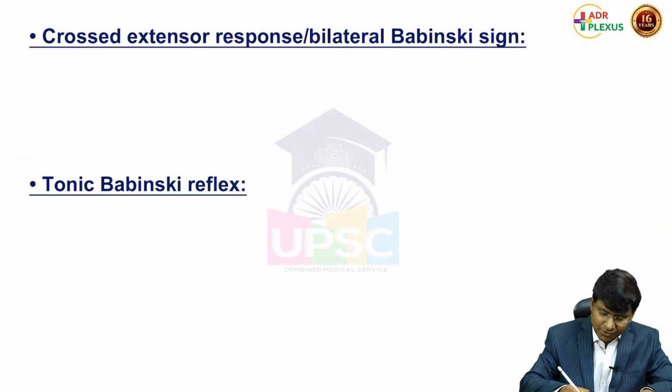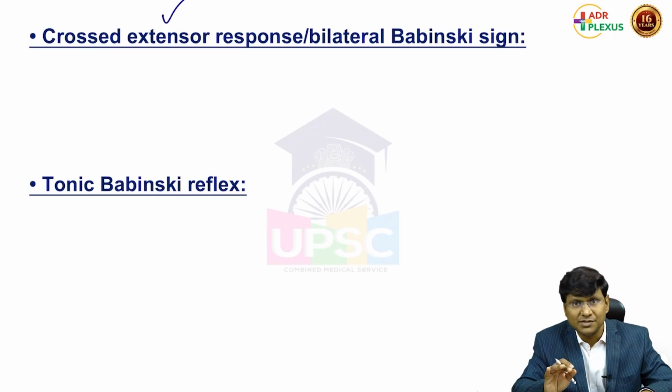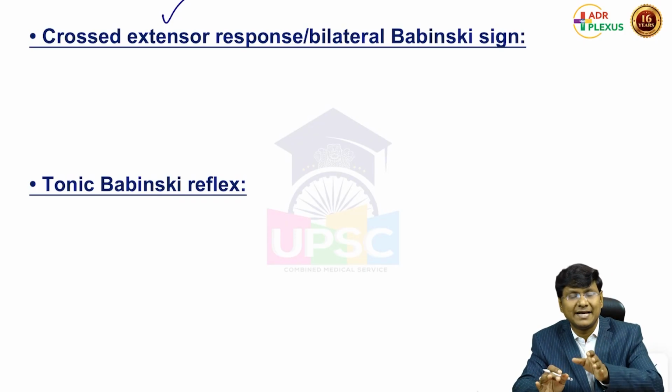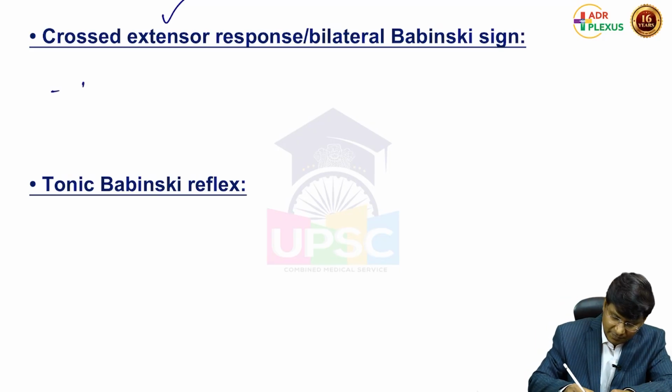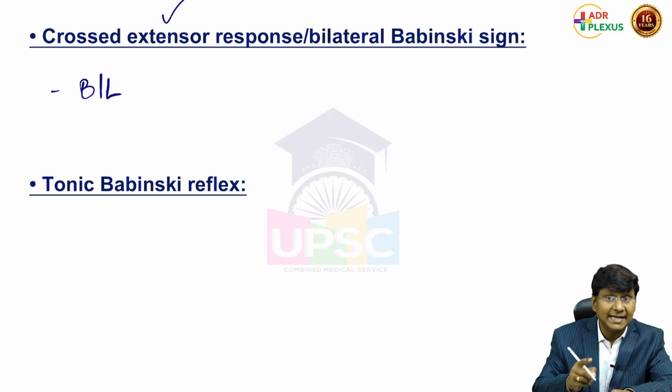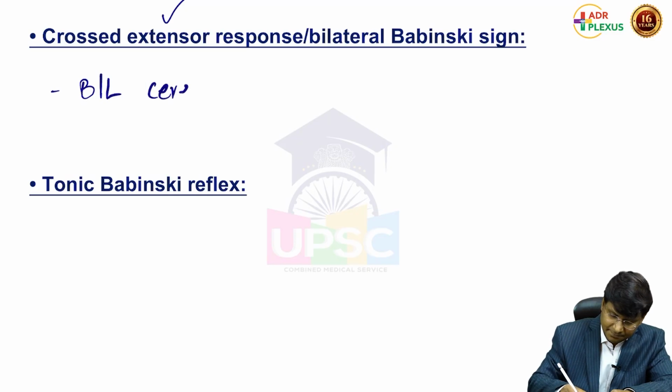Then coming to the crossed extensor response or bilateral Babinski sign. So this crossed extensor response or bilateral Babinski sign may be encountered in cases of bilateral cerebral or spinal cord disease.